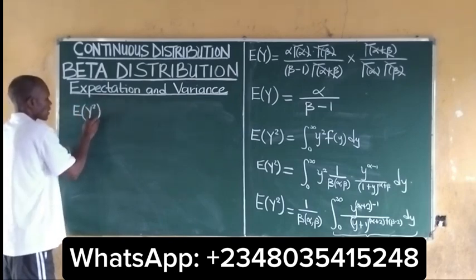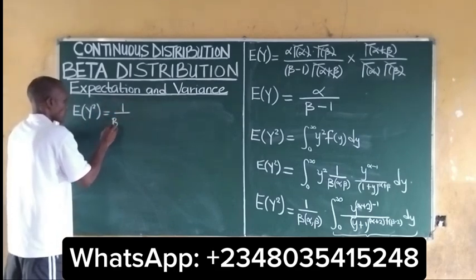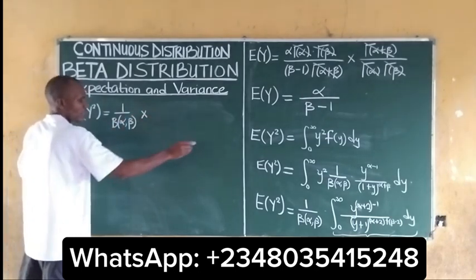So we have our expected value of y squared to be equal to 1 all over our beta function of alpha, beta multiplied by the whole of that function.